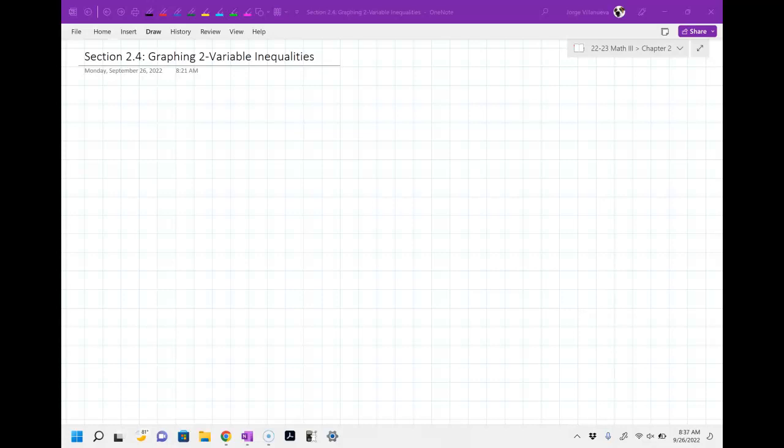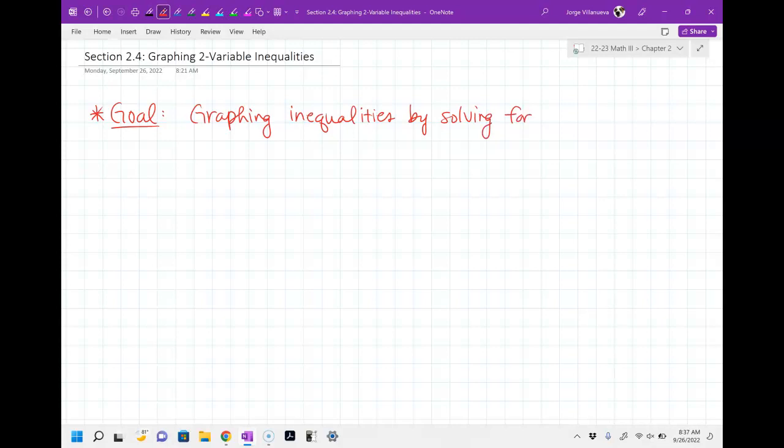process, okay? First off, our goal for this lesson is graphing inequalities by solving for slope-intercept form.